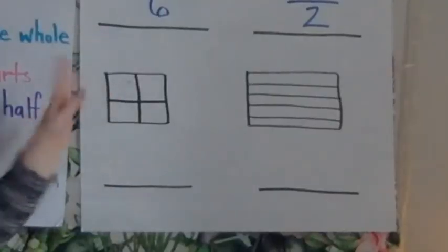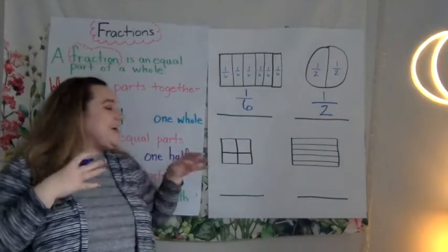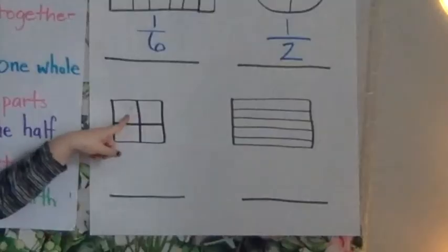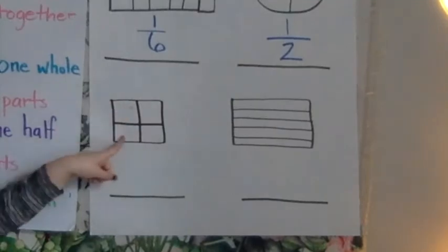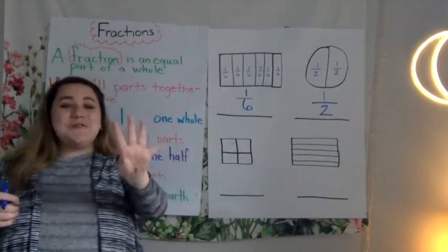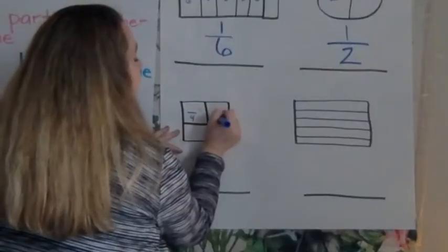Now let's take a look over here. I have a square. Say hi, square. We need to count how many equal parts are inside my square. So I need to count the boxes. Count with me. Ready, go. 1, 2, 3, 4. How many parts? 4 parts. So I'm going to write my 4 on the bottom.